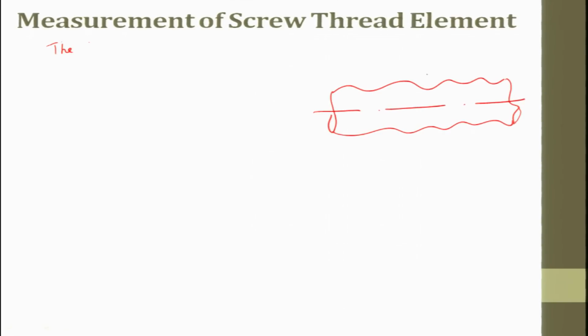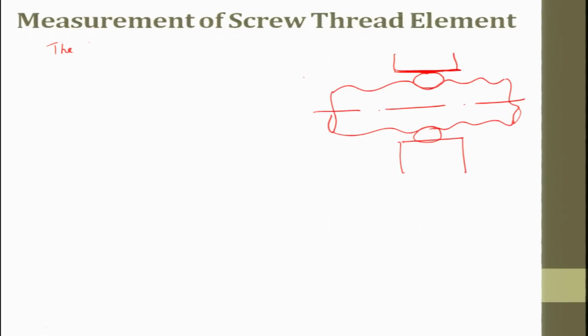When we take a two wire method, you keep one wire, and on the opposite side you keep one wire, and then we put the screw gauge, and here it is a perfect contact.